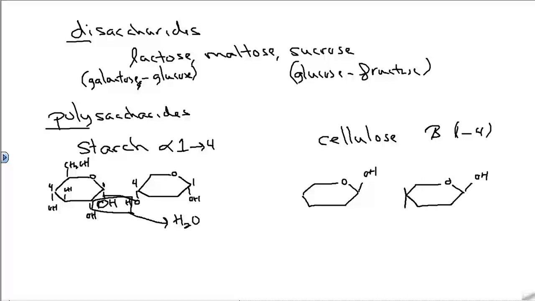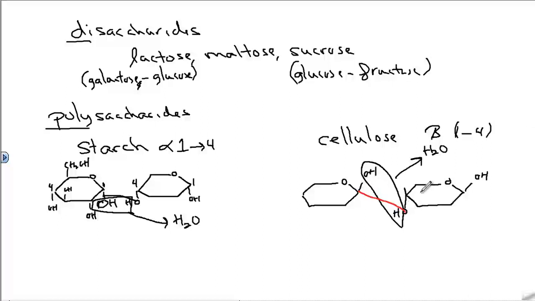Notice that this alpha, on carbon number 1, this is in a beta linkage. And so what you're going to get is this is going to leave with H2O coming off, and the new bond between this oxygen and that carbon, basically, that's the beta 1,4 linkage.